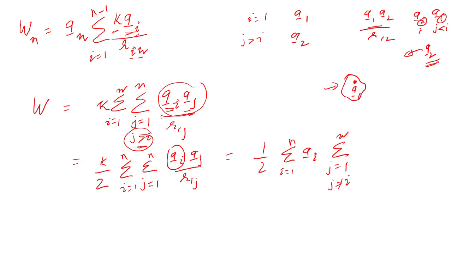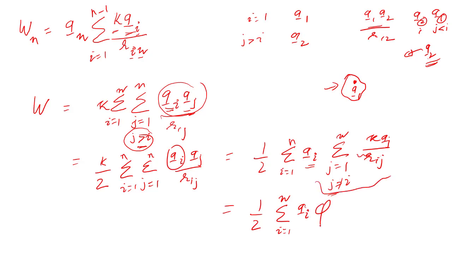So if I pick Q2 here, I should not consider Q2 in this. So that's why we have j not equal to i. And here I can write this as K Qj by Rij. Or simply, I can write it as half sigma i equal to 1 to n Qi, and this is simply the potential phi of Ri.